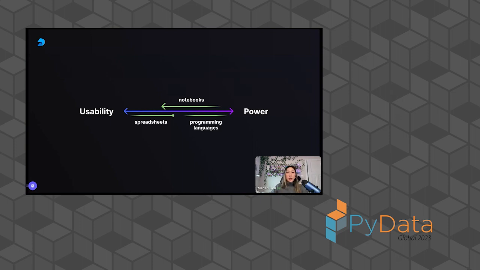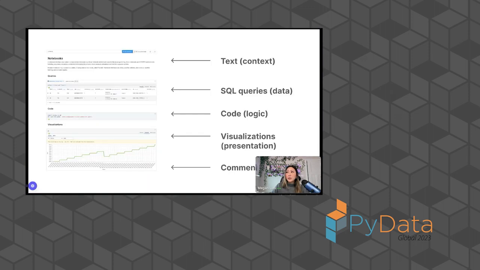Somewhere in the middle of this spectrum is an ideal tool with the accessibility and simplicity of a spreadsheet, but also the scalability and power of code. So we enter modern notebooks to bridge that gap with these critical elements to be able to serve today's data science teams. We have a text component for you to add context to the analysis that you're conducting.